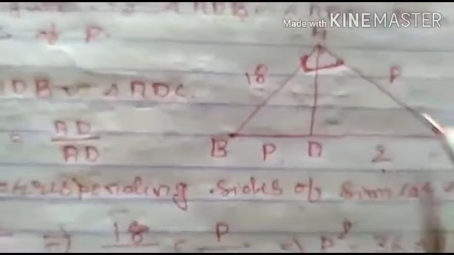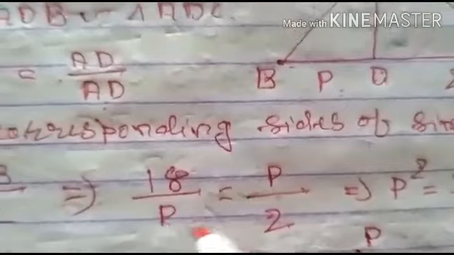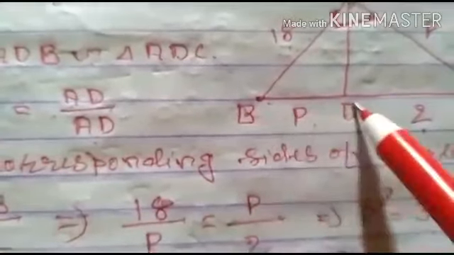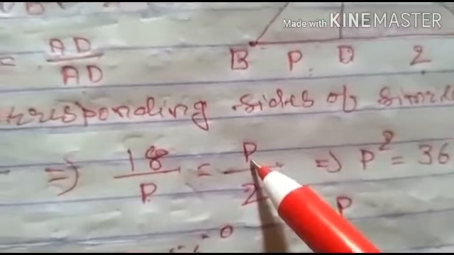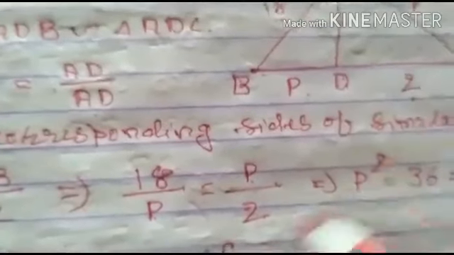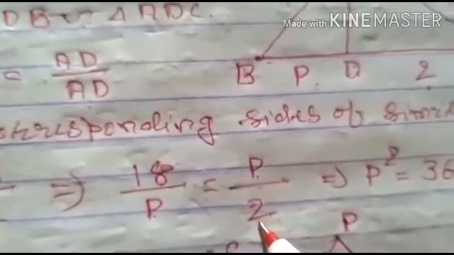Here in the figure it was given that AB was 18, so substitute the value of AB as 18, and AC was P, so substitute the value of AC as P. DB was also P, so substitute the value of DB as P. And DC was given 2, so substituting the value of DC as 2.